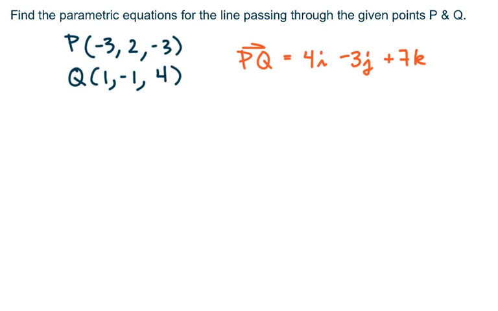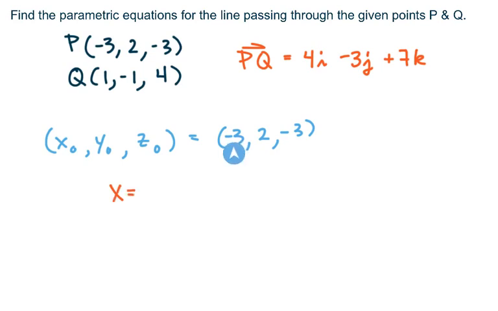With our initial point x sub 0, y sub 0, z sub 0, we'll call that our p naught, or in this case, it's just P: negative 3, 2, and negative 3. With that given, we can determine that x is negative 3 plus 4t.